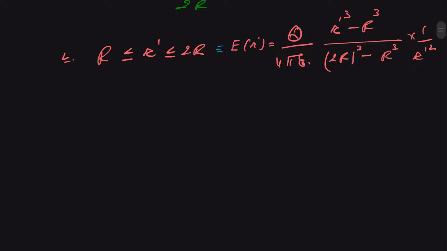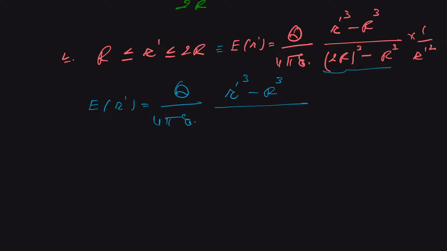Therefore the electric field will be equal to q upon 4 pi epsilon naught times r' cube minus r cube, and the denominator comes as 8r cube minus r cube, so 7r cube, multiplied by r' square.